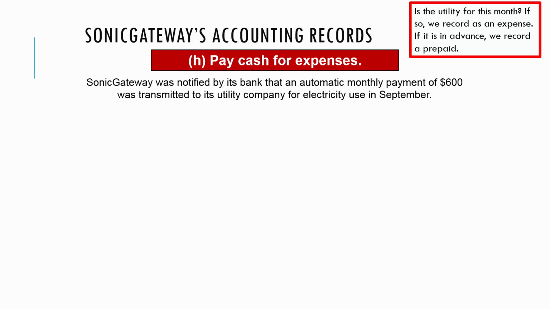Sometimes our bank will transfer amounts. I don't know if you have this set up with your accounts or not. I've found in the past that a lot of students do have it set up so that their utilities are coming directly out of their bank account. That's the same thing as cutting a check. I just want you to know that.